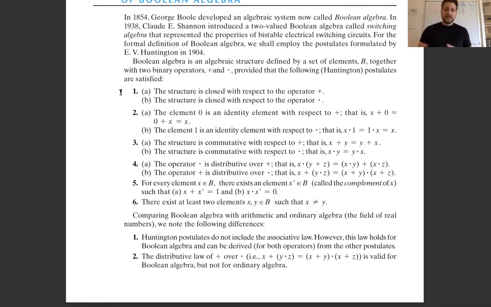These 6 things need to be true, and I'll just wait a minute and let you read through these 6 postulates, things that we agree are going to be true about our algebra system in order for it to be coherent and functional and not give us crazy results.